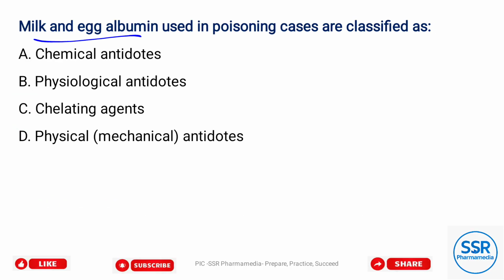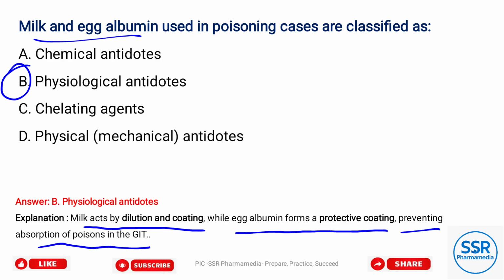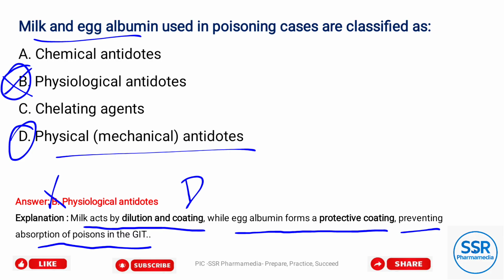Milk and egg albumin used in poisoning cases are classified as option B, physiological antidote. Sorry, milk acts by diluting or coating, while egg albumin forms a protective coating and prevents the absorption of poisons in the GIT. So it is not physiological, it is a physical antidote. This answer is wrong. So option D is the correct answer.